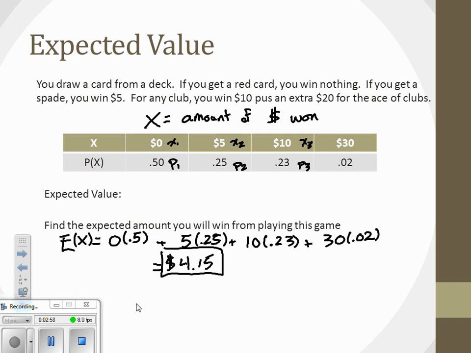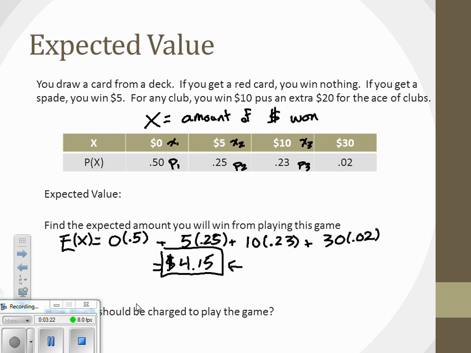Well, if we sum up that total and divide by 10, it's probably going to be pretty close to $4.15. The theoretical part comes in if we could play this game an infinite number of times. Then once we divide back out, again theoretical, so we divide by infinity, we'd end up at $4.15.